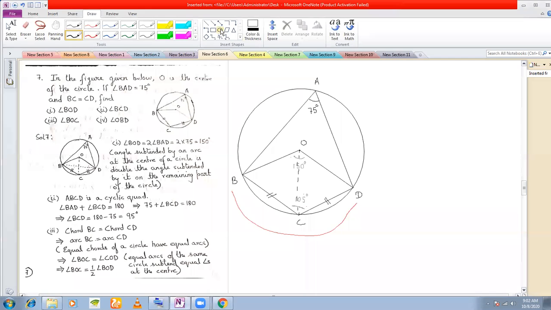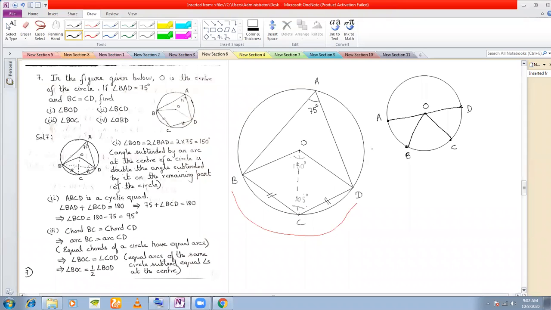That means if I have a circle, I have two arcs, say AB and another arc CD, and say this O is my center.